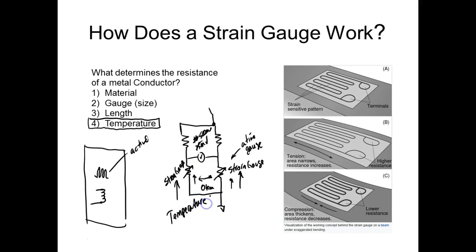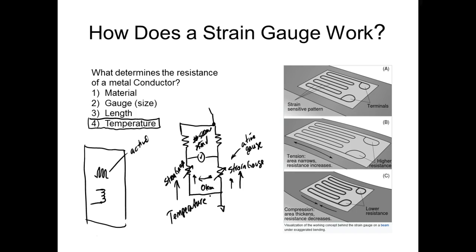So what it does is keep a balance, right? You understand? So if the temperature goes up, the resistance of both of them goes up exactly the same. If they go up exactly the same, that would try to balance the bridge. But if we actually put a weight on the thing, then of course it would give us the active weight.